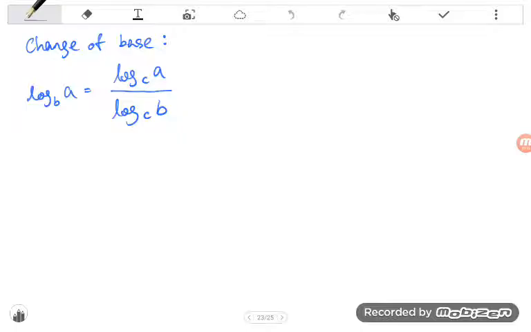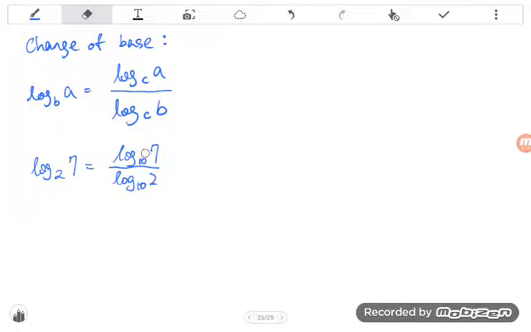Let me show you how this formula can be used, and then I'll show you how it comes about. If I have, say, log 7 to the base of 2, I can break that down to log 7 to the base of 10 over log 2 to the base of 10.